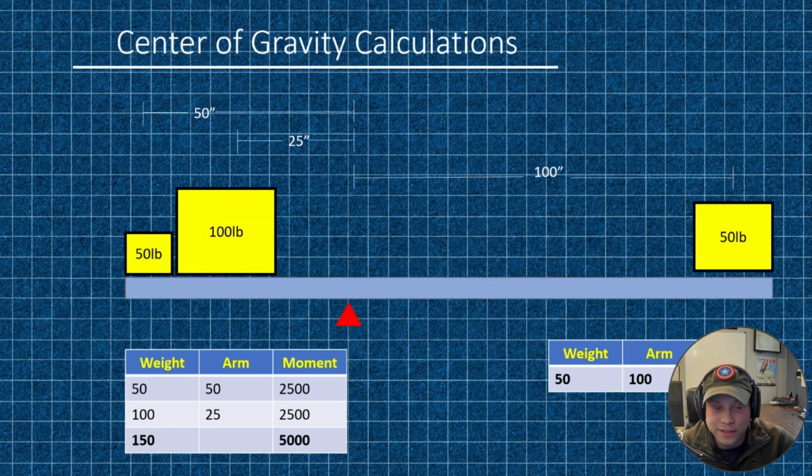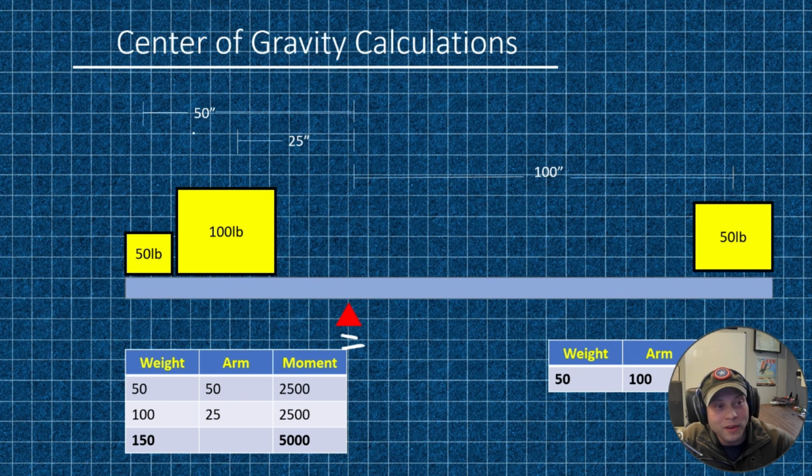Now, if we want to balance the fulcrum, or balance the aircraft, everything should come out to zero. The left side of the fulcrum should have the same moment as the right side of the fulcrum. So when we do these calculations, we'll put our equal sign here underneath the fulcrum.